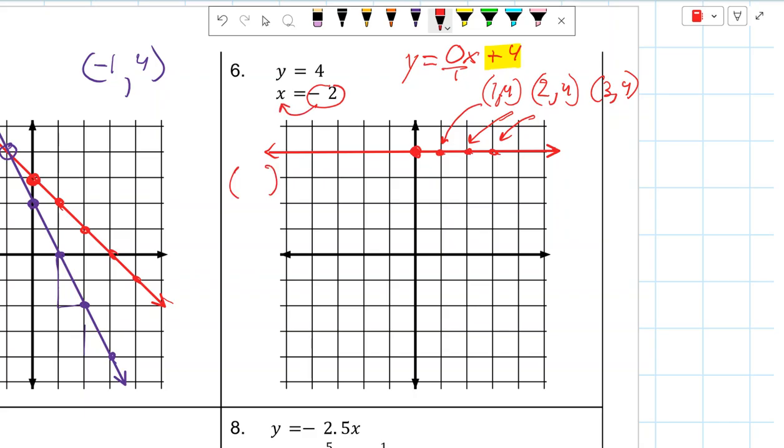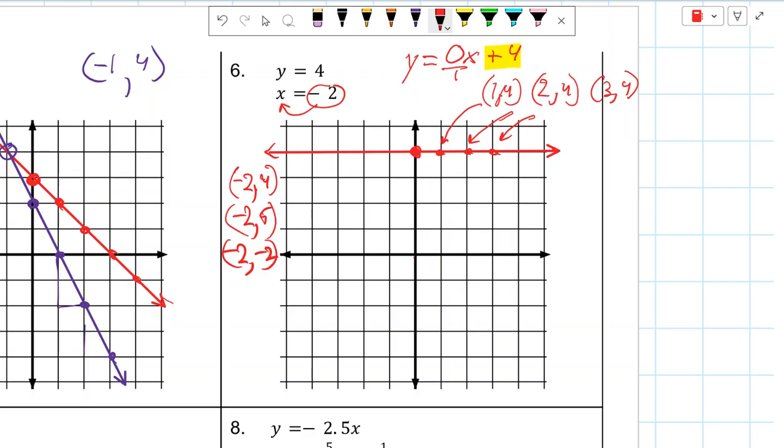Every point should have x as negative 2. Well, what's our y's? They can be anything you want. So since our graph goes up to 5 and down to 5, we're going to say maybe a 4, a 5, a negative 2. You use whatever you would like. Now plot those points.